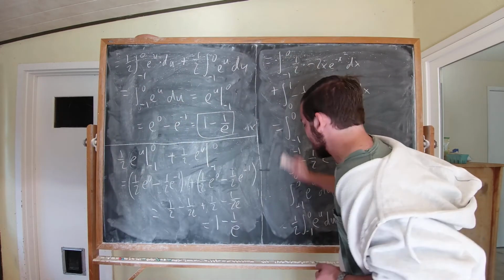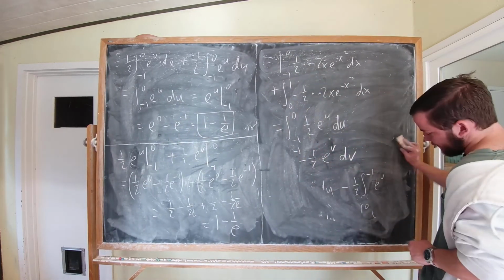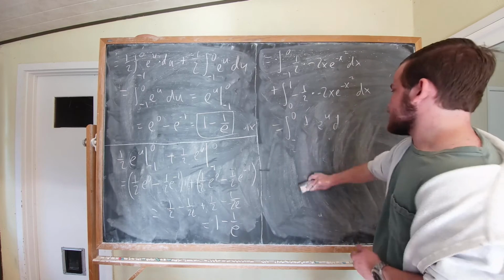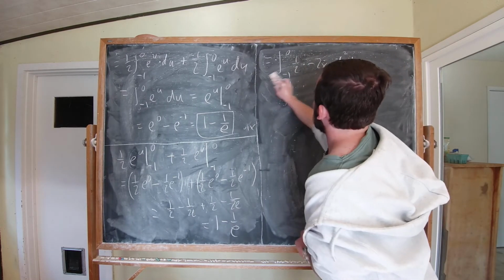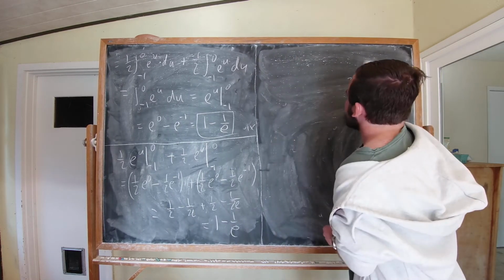Let's do one more example, and we'll call it good. The other example is, what happens if you have more than one curve?